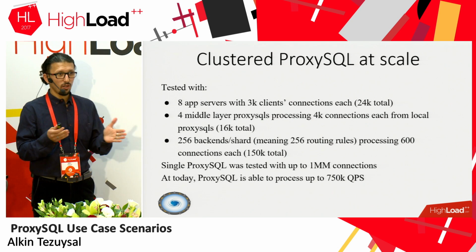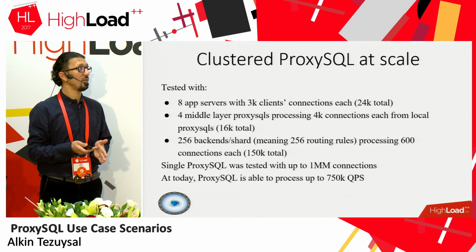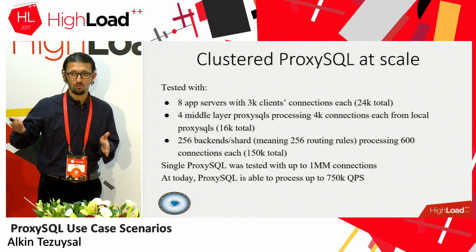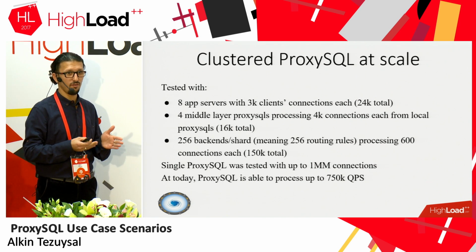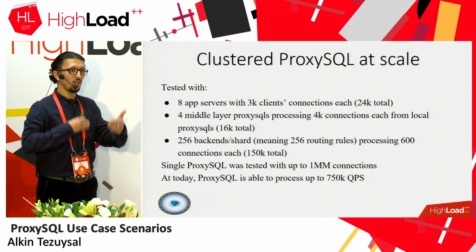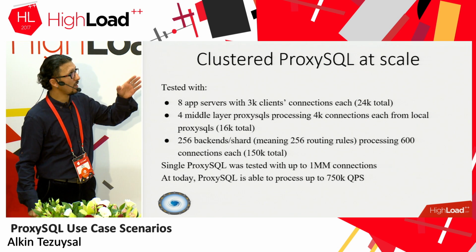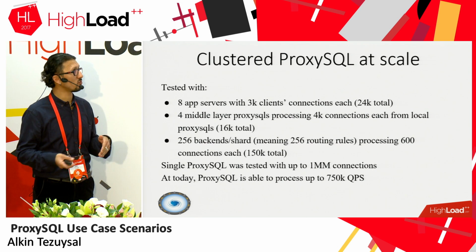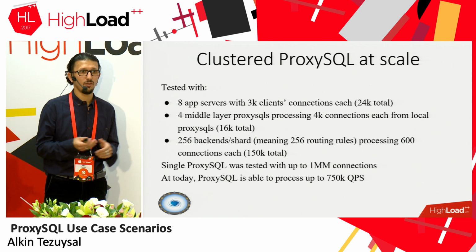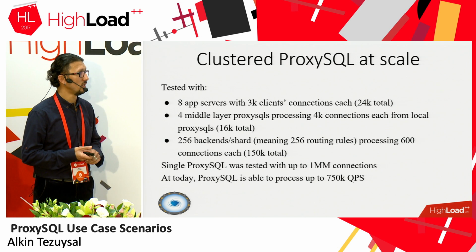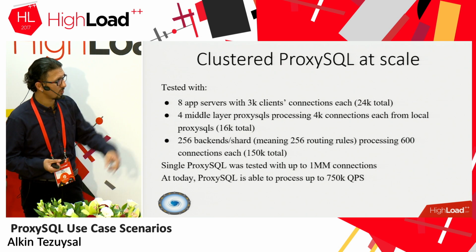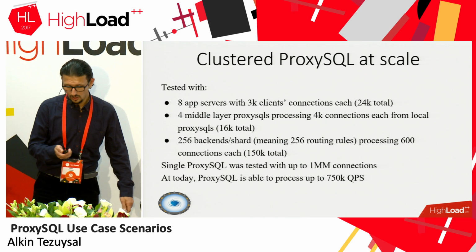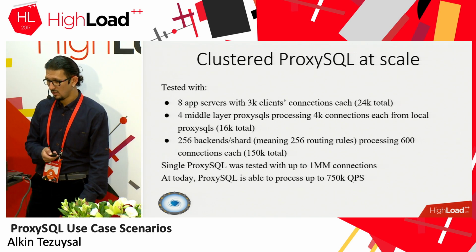So while we say you can scale your databases, you can also scale ProxySQL, because ProxySQL has benefits if you layer them. So 8 app servers, and then there's 4. Each app server has a ProxySQL, and then there's 4 middle ProxySQL. It can actually go further. There are other numbers that were all tested, and they are on the website.